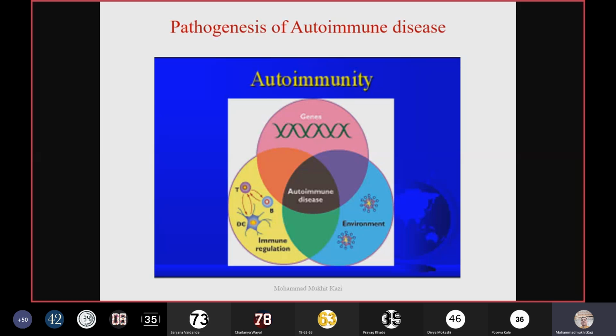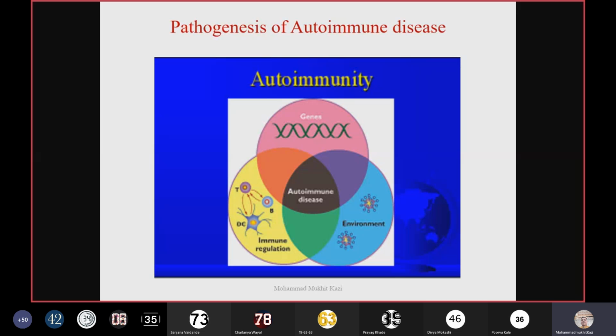What is the pathogenesis of autoimmune diseases? It could be because of genes, immune regulation, or the environment. And what is the gist of autoimmune diseases? It leads to damage to your own organs or tissues. Why?